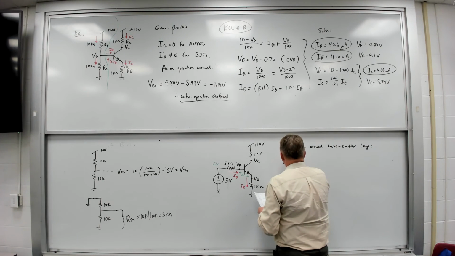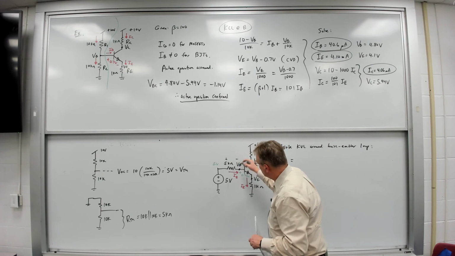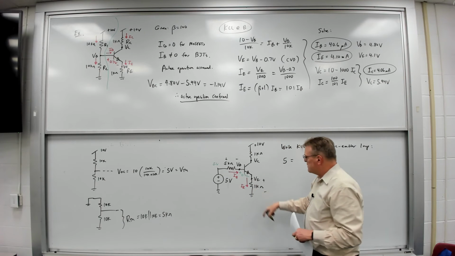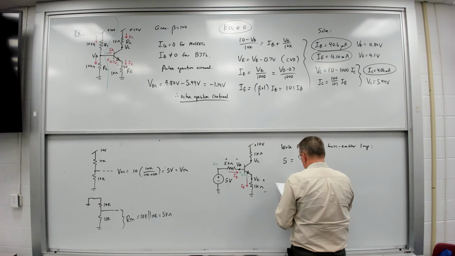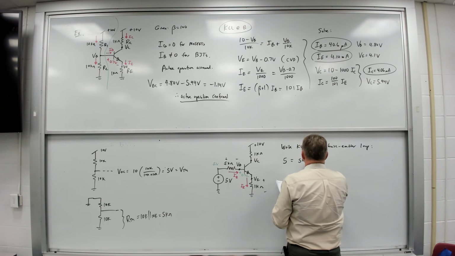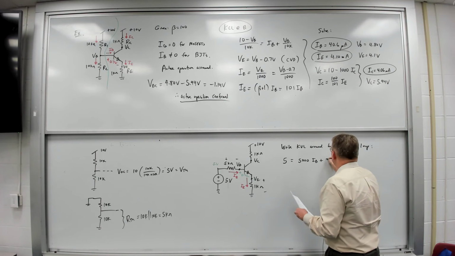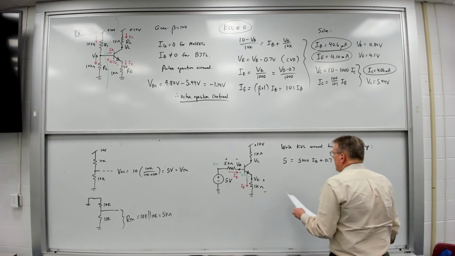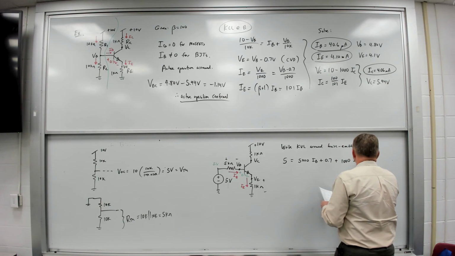What I'll get is that 5 is equal to, given the direction of the current, that's the polarity across that resistor, so 5 volts will be equal to 5,000 IB plus 0.7 plus 1,000 times IE.